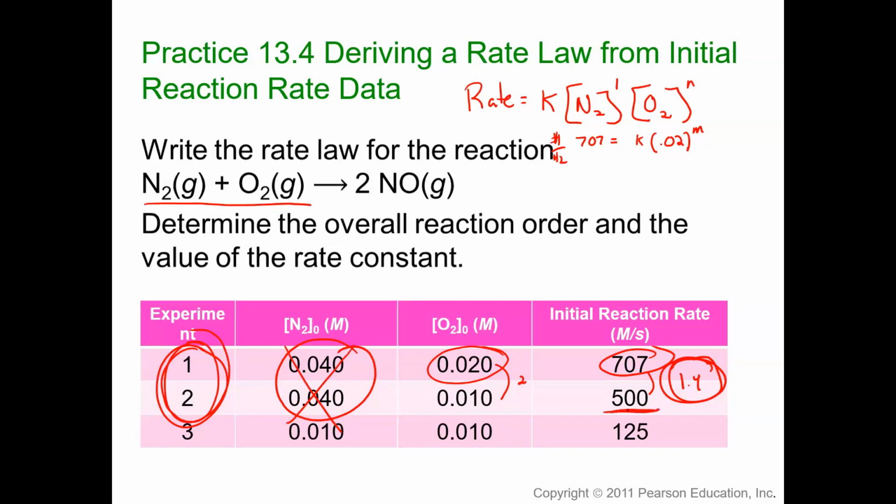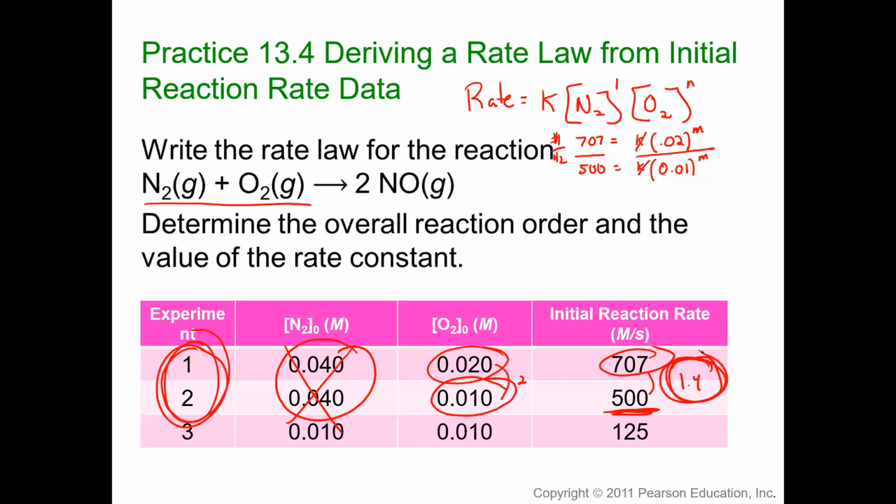And then I'm going to do experiment 2. 500 equals K times 0.01 to the M.